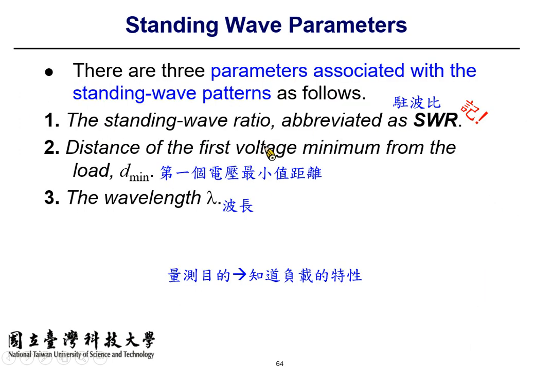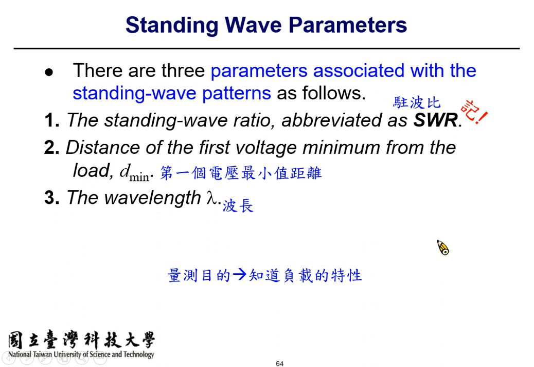All right. Next, we will examine an example, and in this example, we will examine 3 important parameters, the first of which is the standing wave ratio. So what is the definition of standing wave ratio?